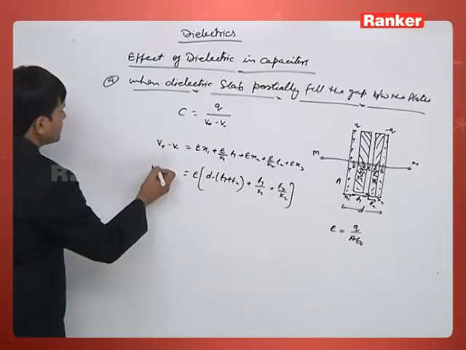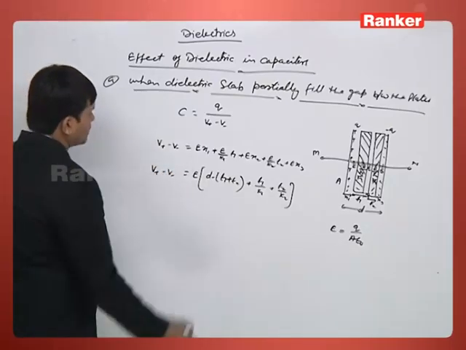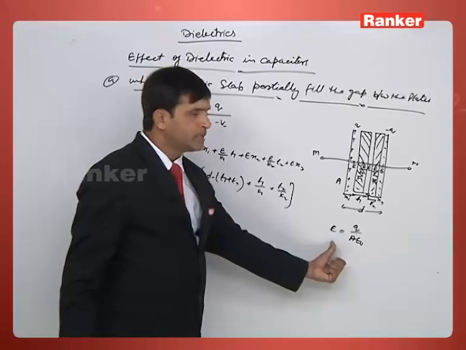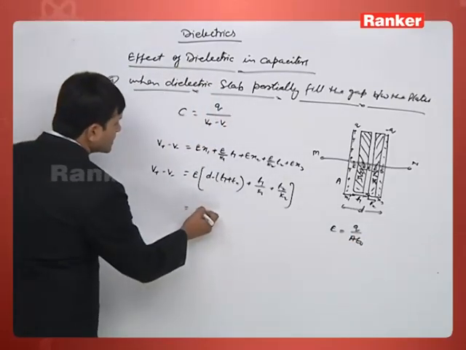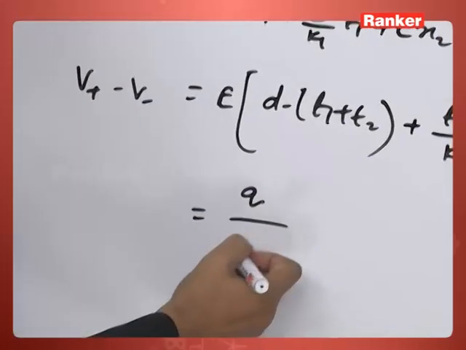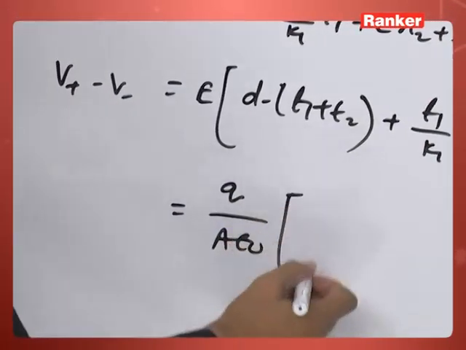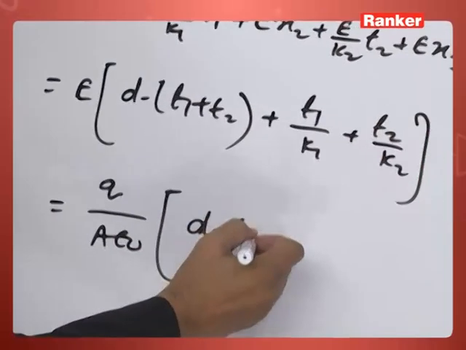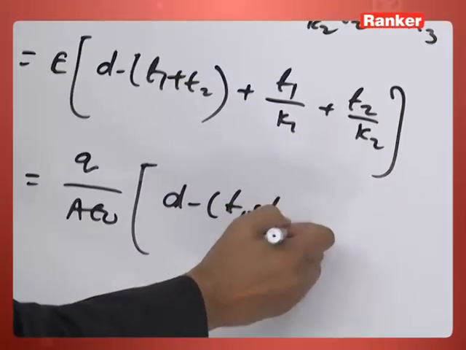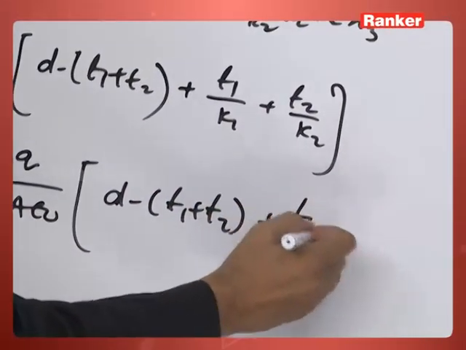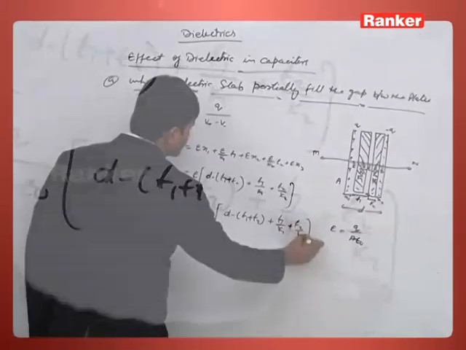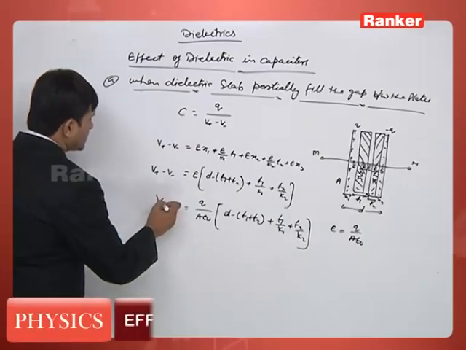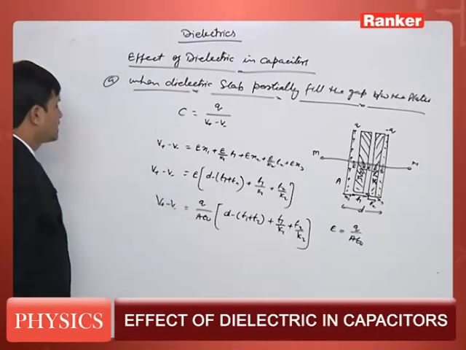So this is V positive minus V negative. And what is the value of E? E is Q by A epsilon naught. So we can substitute this: Q by A epsilon naught times d minus T1 minus T2 plus T1 by K1 plus T2 by K2. This is V positive minus V negative.